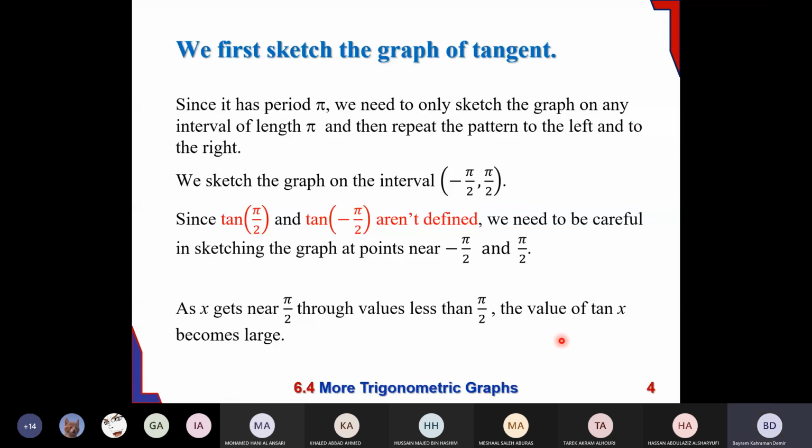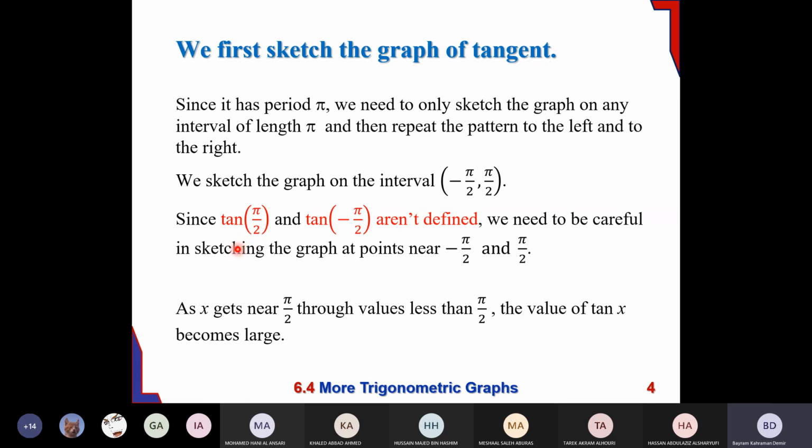Now let's see how we sketch the tangent graph. The first thing we need to remember is that tangent is undefined for the odd multiples of pi over 2. For example, tangent of pi over 2 is undefined, because the definition is y over x, so x will be 0 on the terminal side of pi over 2.